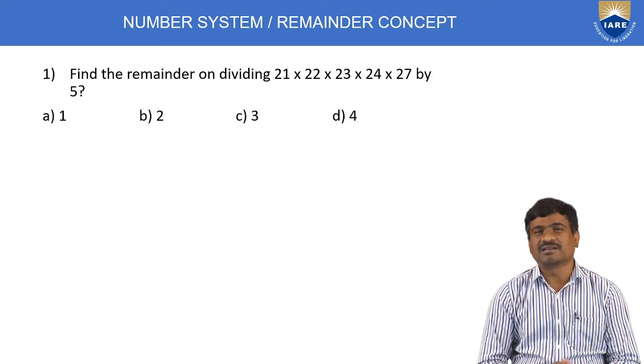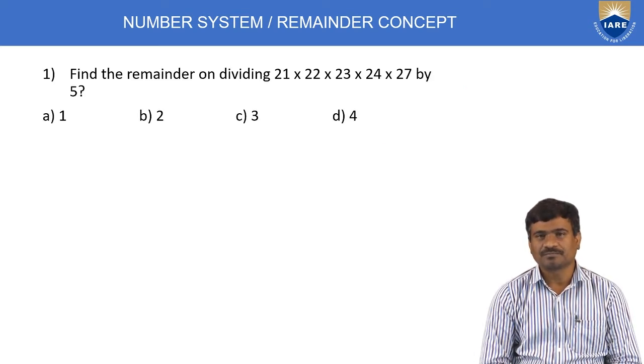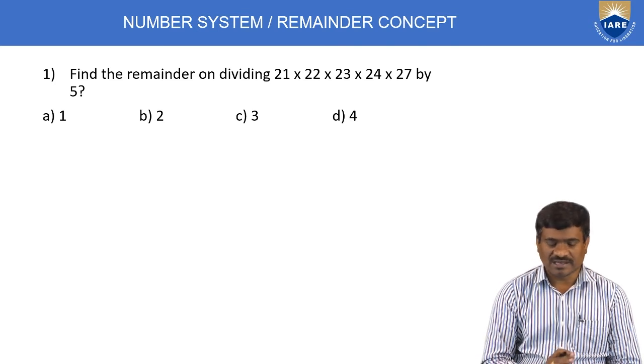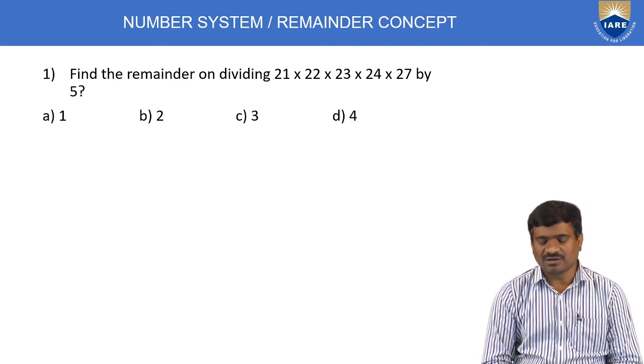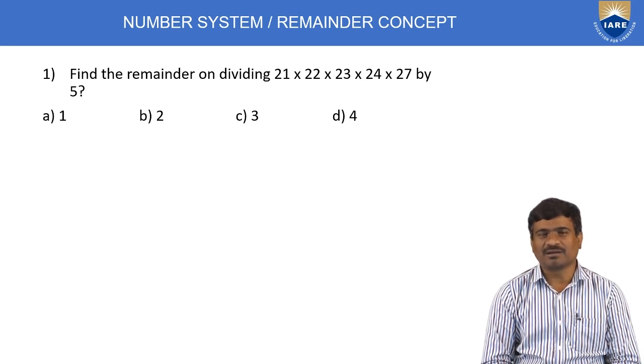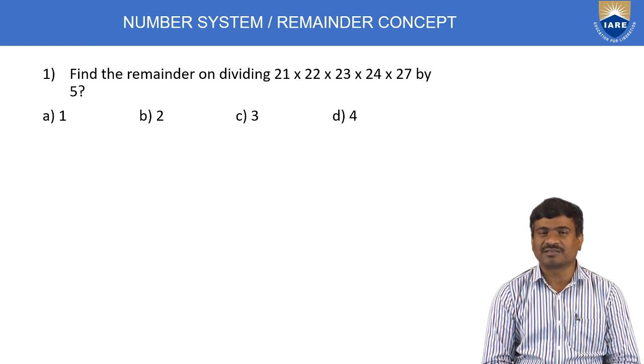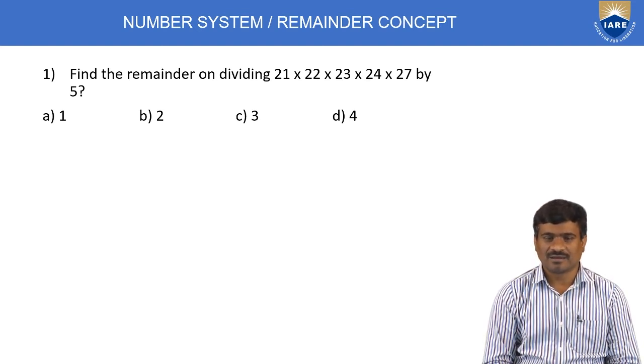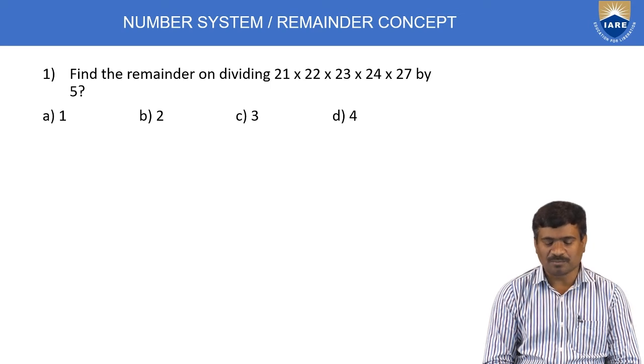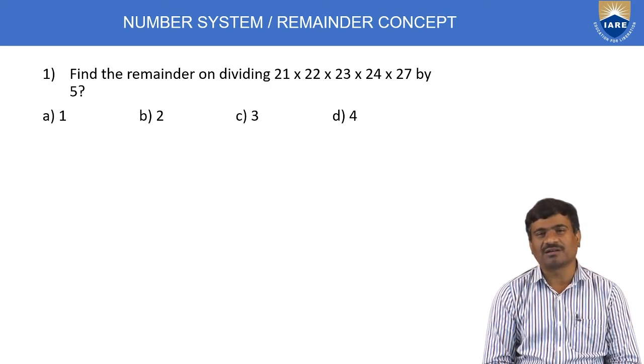Next, sample examples. First example: find the remainder on dividing 21 into 22 into 23 into 24 into 27 by 5. Option A 1, B 2, C 3, D 4.